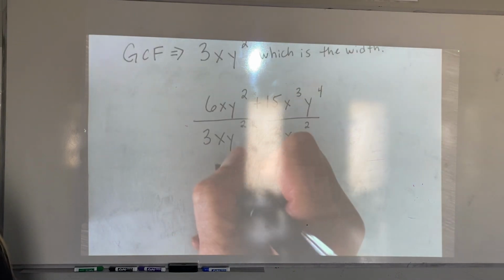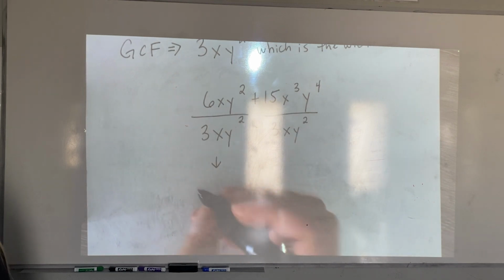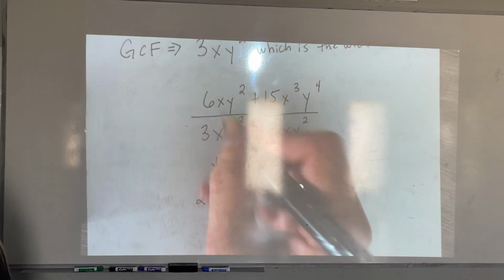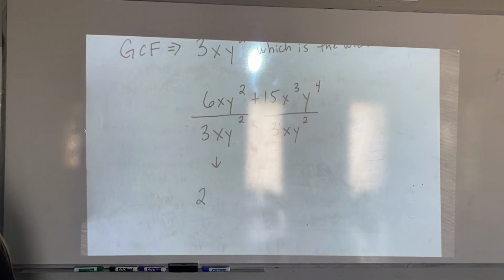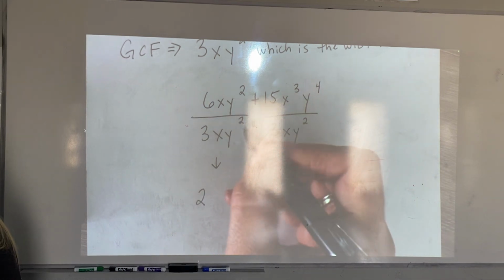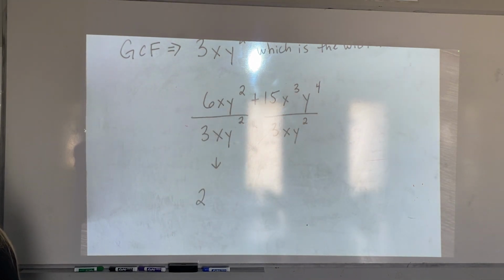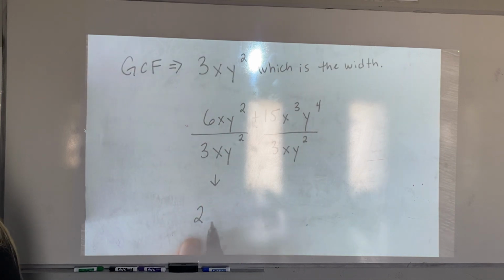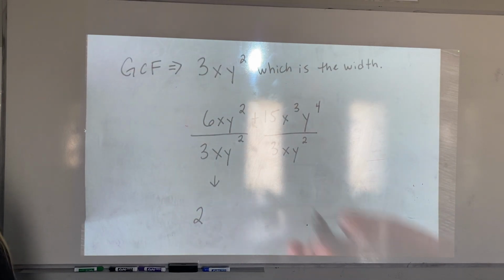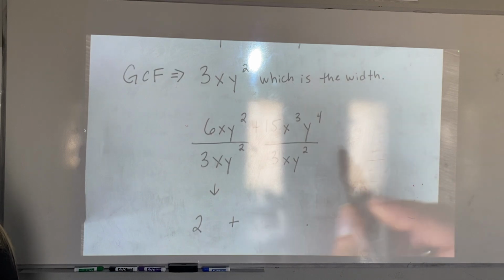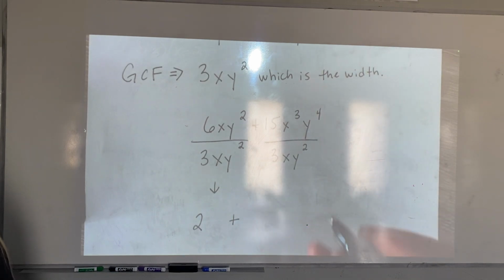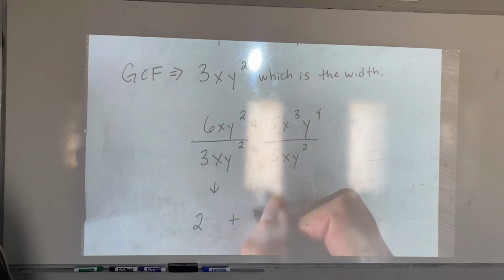Okay, so when we do that, we get 2, x over x, the x is gone. X over x, gone. Y squared over y squared, gone. So it's just 2. Okay, now we have 15 divided by 3, 5.